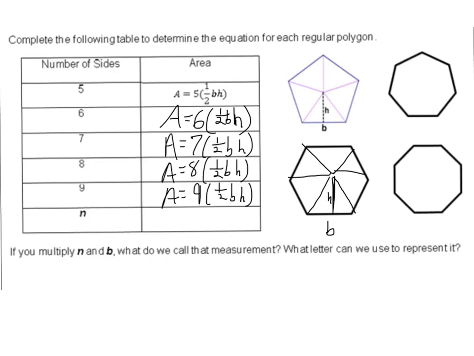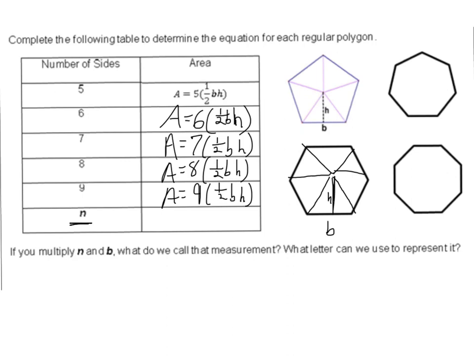Okay, so there are the formulas that you should have determined for heptagon, octagon, and nonagon. Now, if we continue the table indefinitely and we get to n number of terms, where n is really just any arbitrary value for the number of sides of our polygon.